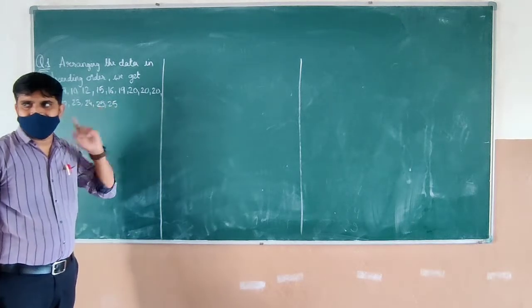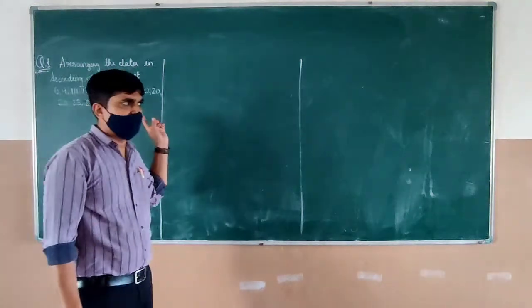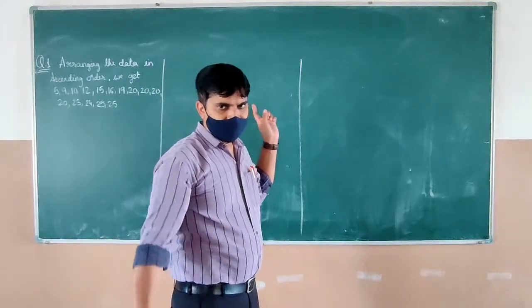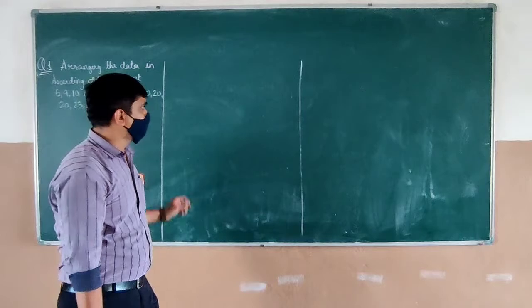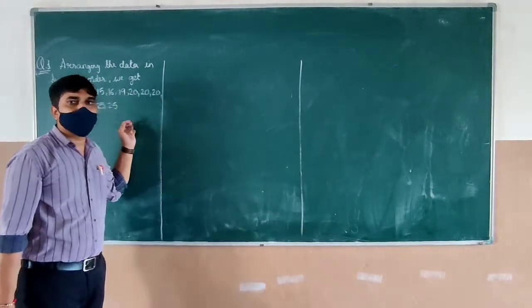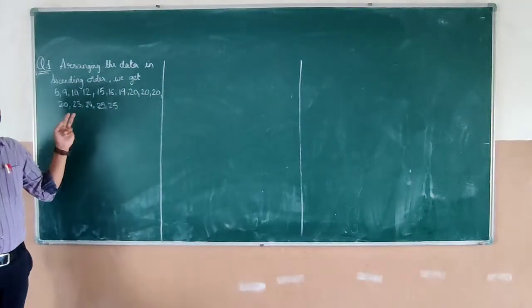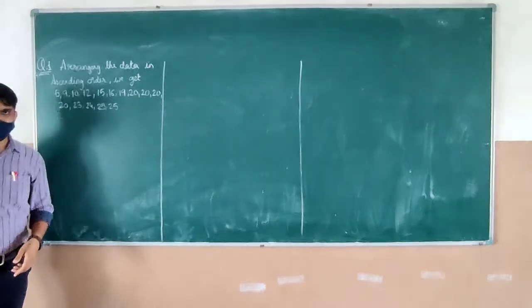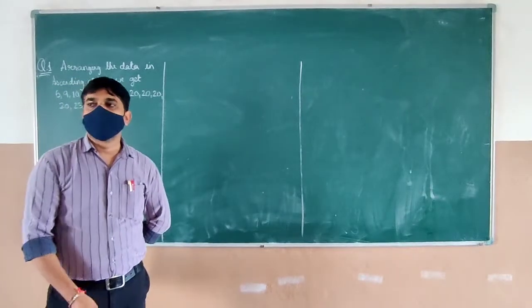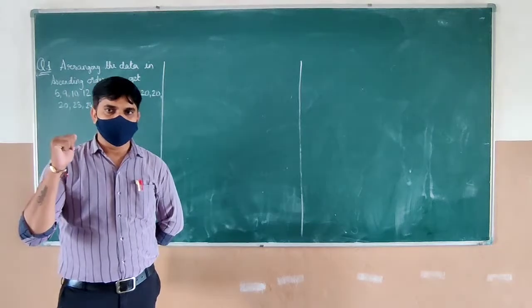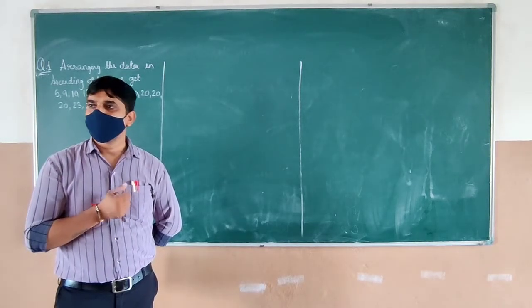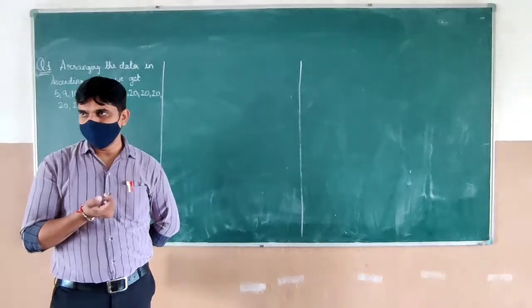So we have taken the marks of 15 students, in ascending order. Tell me, which number is coming more number of times? 20. 20 came more number of times. So since 20 is occurring more number of times, our mode is 20.